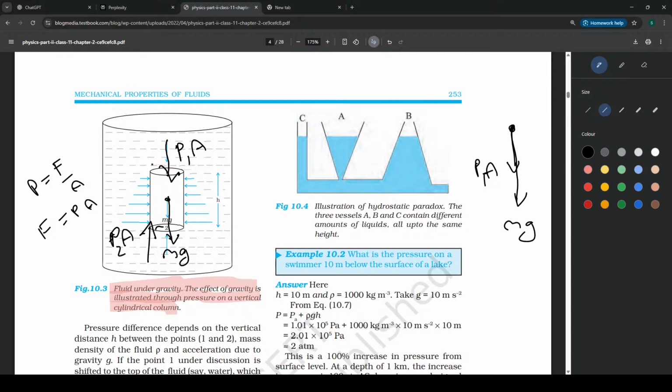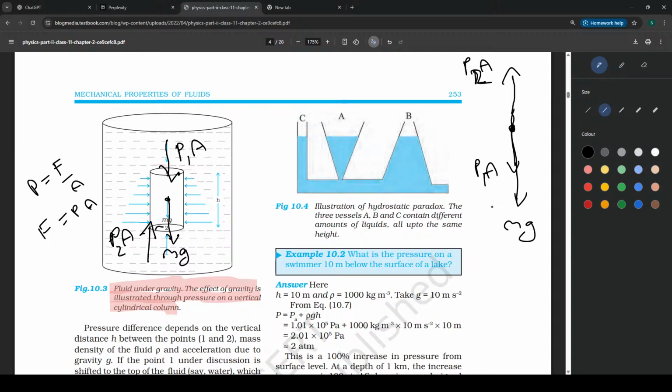Because it's a cylinder, both the areas will be the same. The only force acting upward here is P2A. Same way, force is pressure into area. The free body diagram is drawn using forces.